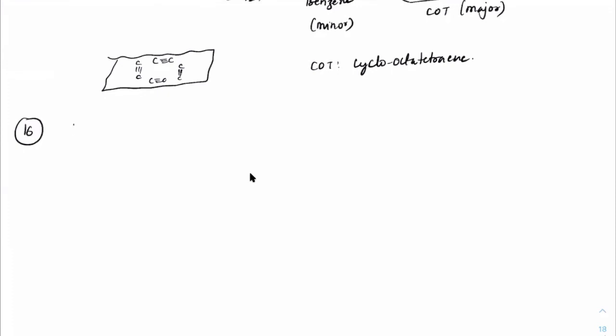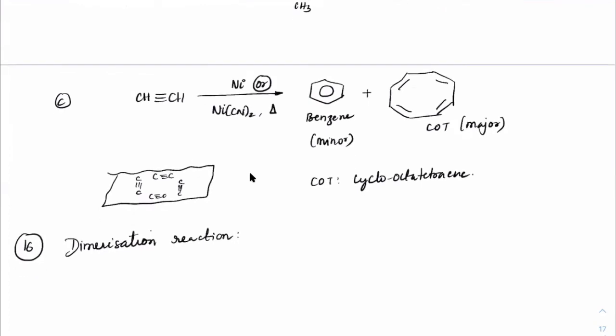Sir, even though benzene is more stable, it becomes the minor product? Yes, beta, this depends upon the adsorption on the nickel. If more molecules are absorbed, then this would come. If fewer molecules are absorbed, then benzene will come. Got it? Yes, sir.